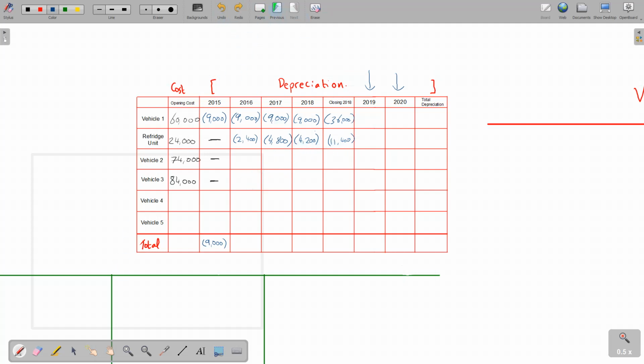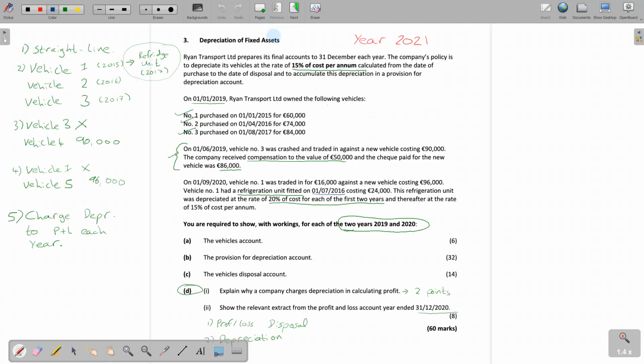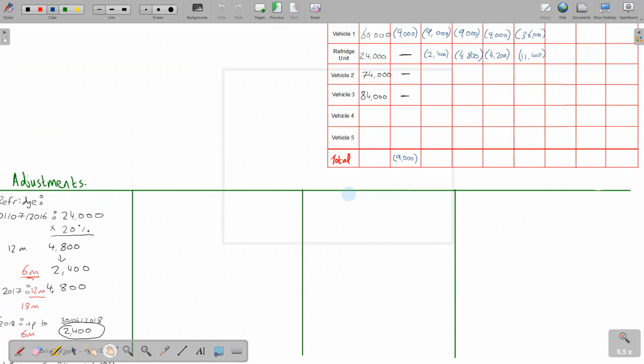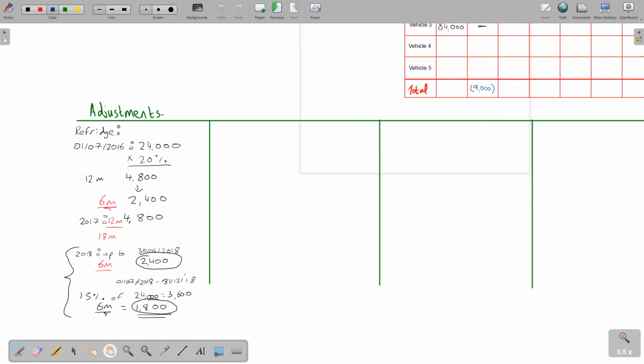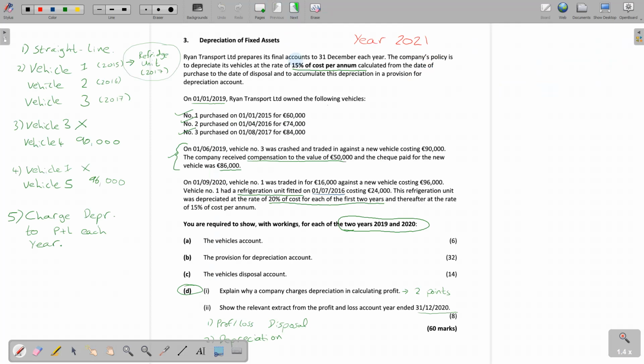Vehicle number 2 was bought on the 1st of the 4th, 2016. Again, 15% is our cost per annum.